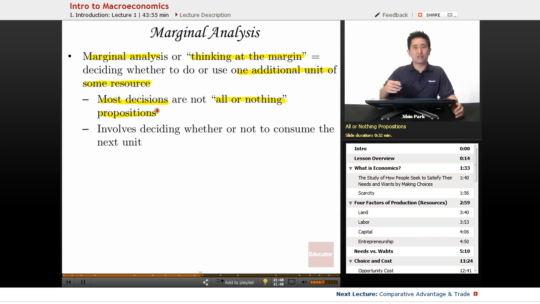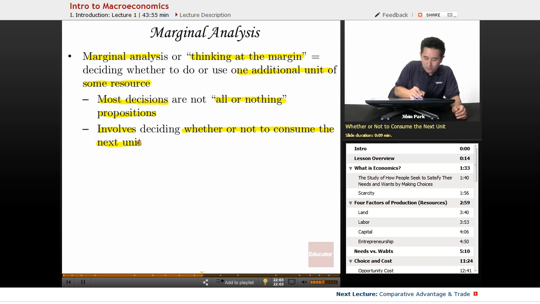These are very marginal decisions that we come across every day in life. And so that's what economic analysis is, the idea that we make decisions on a marginal basis. It involves deciding whether or not to consume the next unit. It doesn't matter what we decide to do, most things are made at the margin.